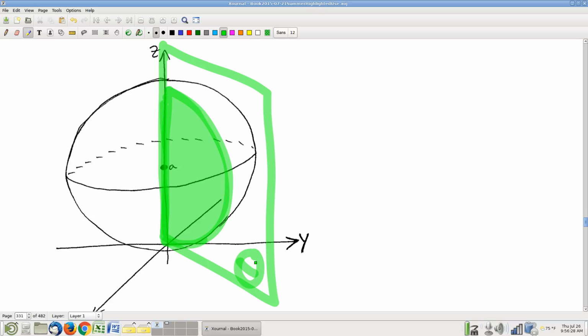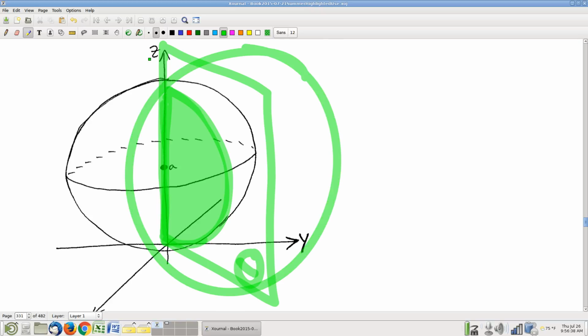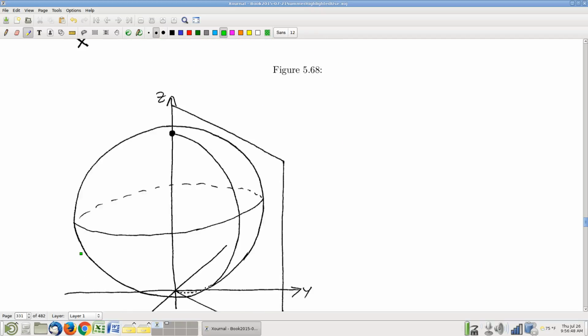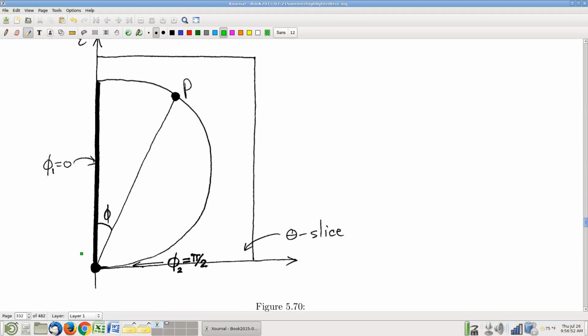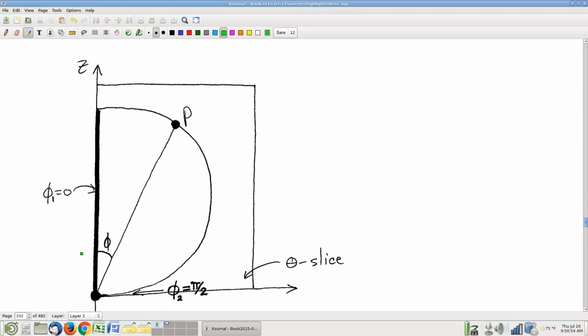For my own sanity, when I find I'm looking at my picture at a weird angle, I just take the theta slice, because that's all we care about anyway. We don't care about these points over here. What's going on there, we'll get to those later for different values of theta. On this one theta slice that we now care about, just redraw that theta slice, looking at it straight on.